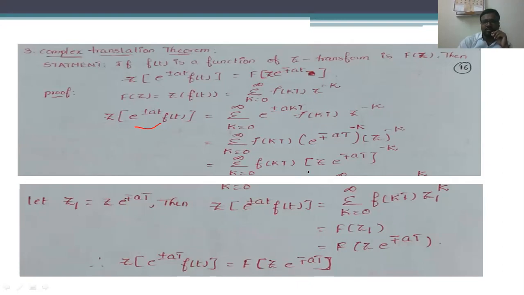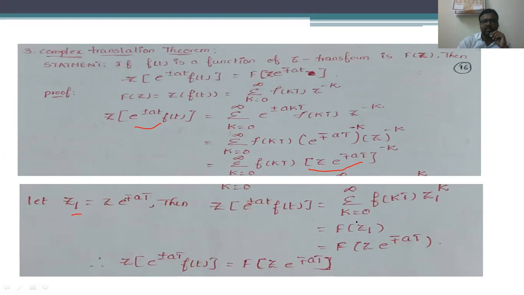So let us take this particular value as a separate one, and consider it as z1. We are going to get the Z transformation of e power plus or minus at into f of t is equal to sigma k equals 0 to infinity f of kT into z1 power minus k.